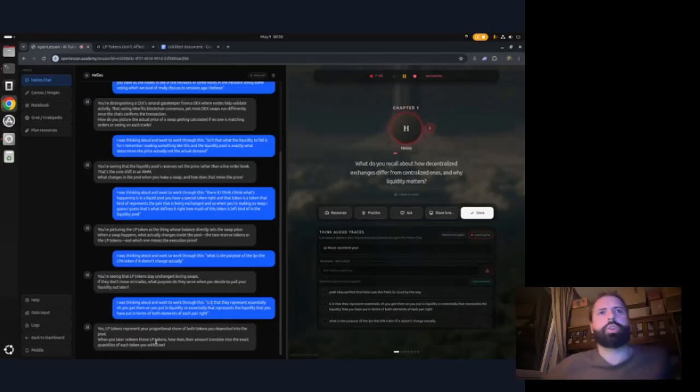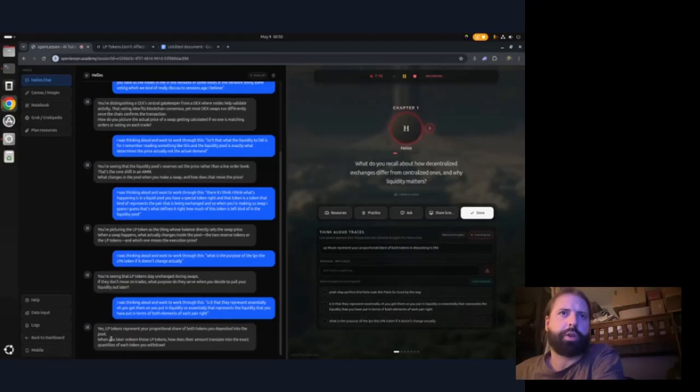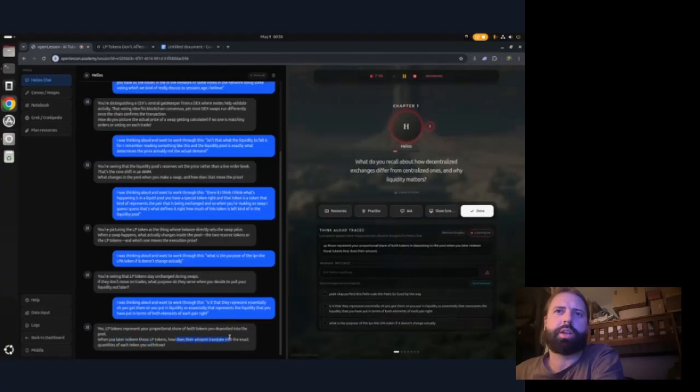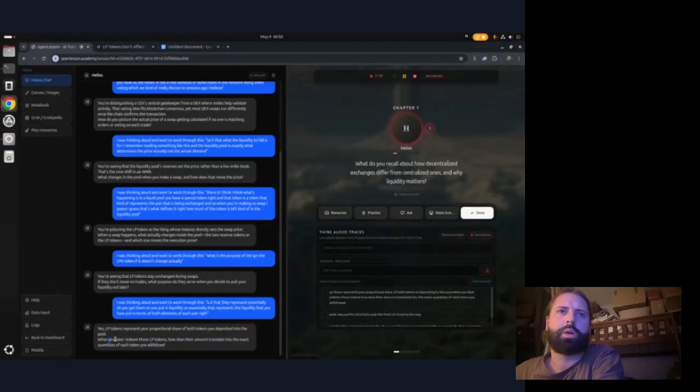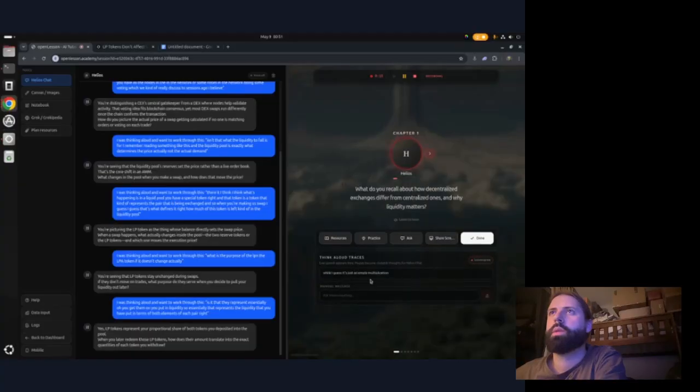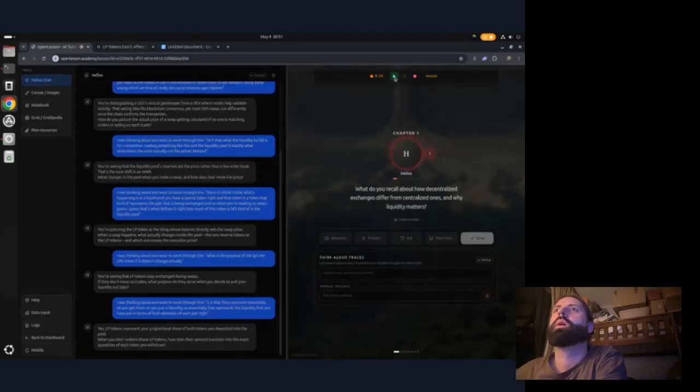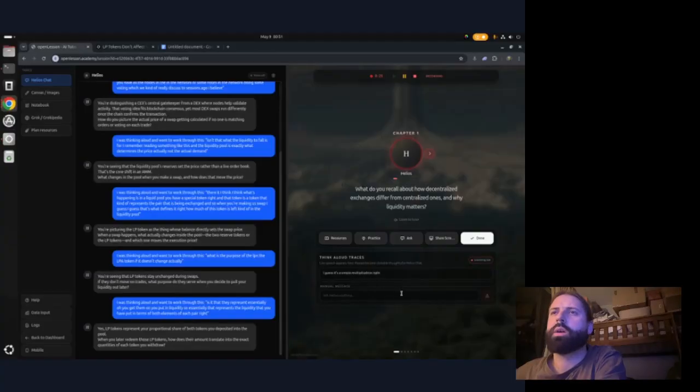LP tokens represent your proportional share of both tokens you deposit into the pool. When you later redeem those tokens, how does their amount translate into the exact quantities of each token you withdraw? Well, I guess it's just a simple multiplication, right?